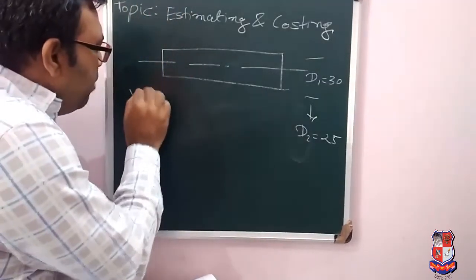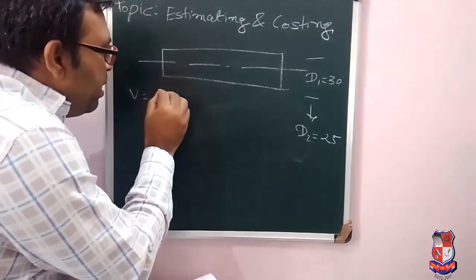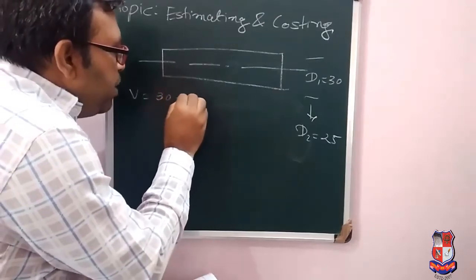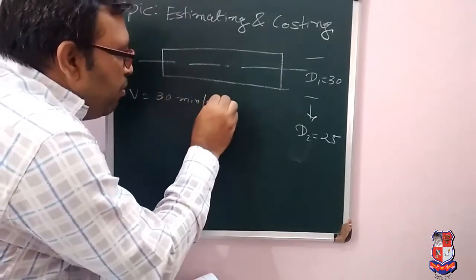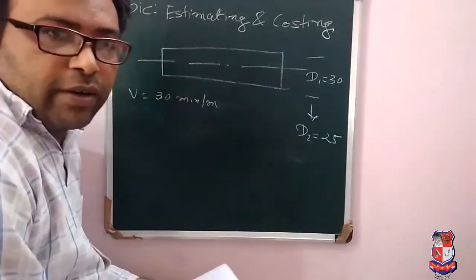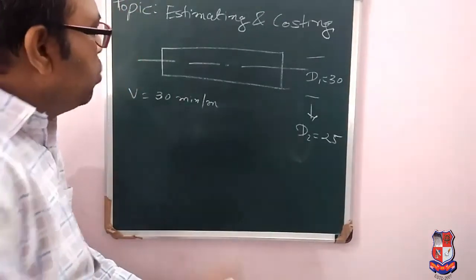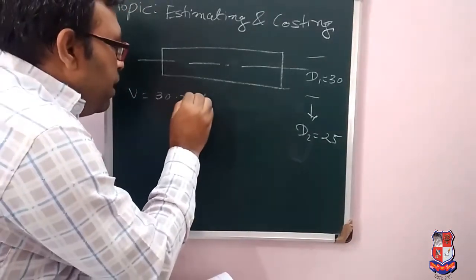Suppose we are given data that cutting speed is 30 meter per minute.